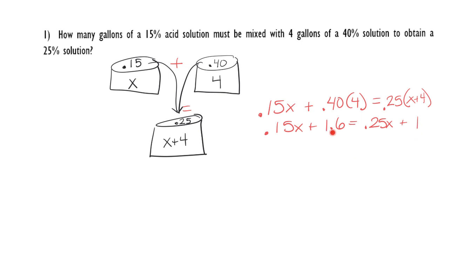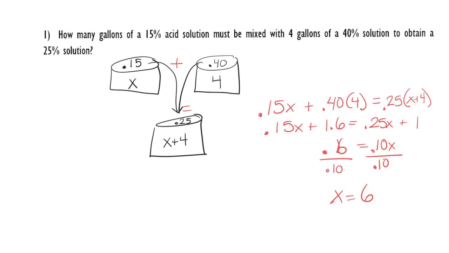I'm going to take my numbers over to there. So when I subtract that 1, I'm going to have a 0.6. Subtract 0.15 from 0.25 gets me a 0.10x. Divide by your 0.10. And x ends up equaling 6.